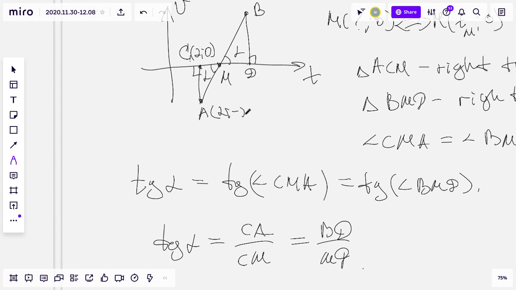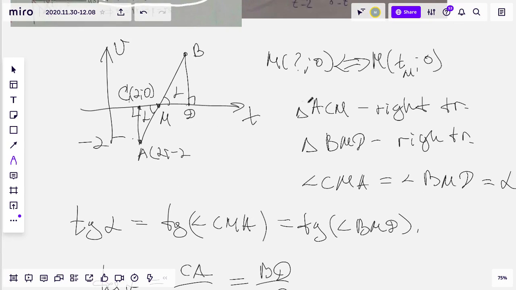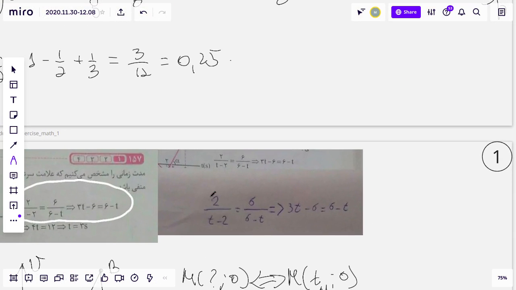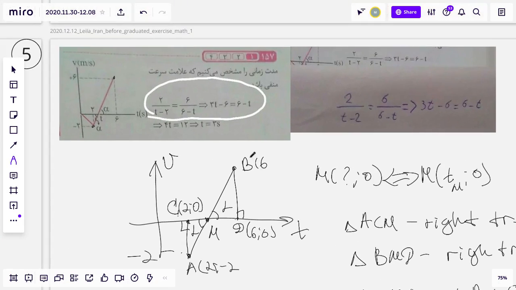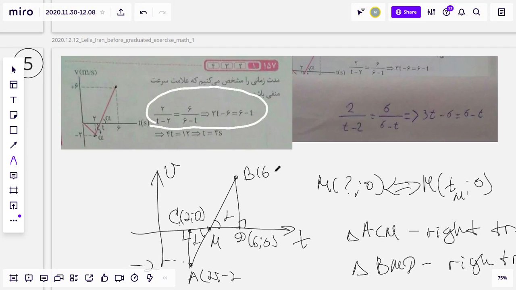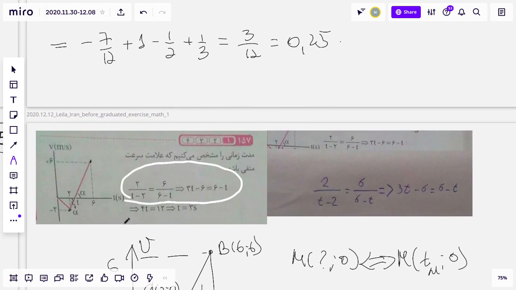M, I know the coordinate y and we would like to find x. D has 6, 0, B has 6 and 6 y. Okay, we know all coordinates.